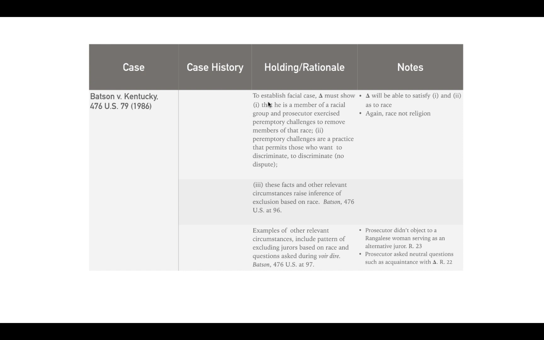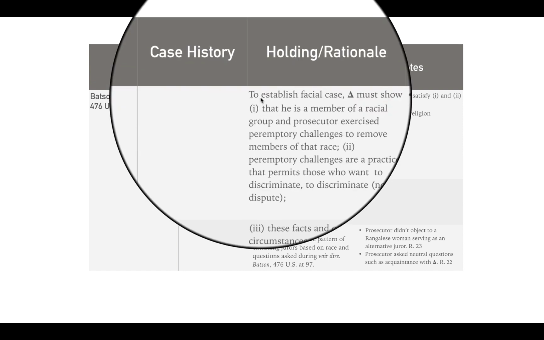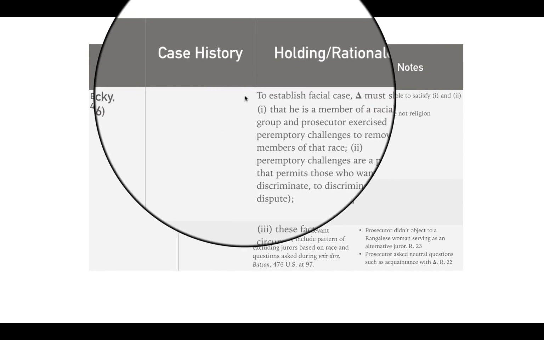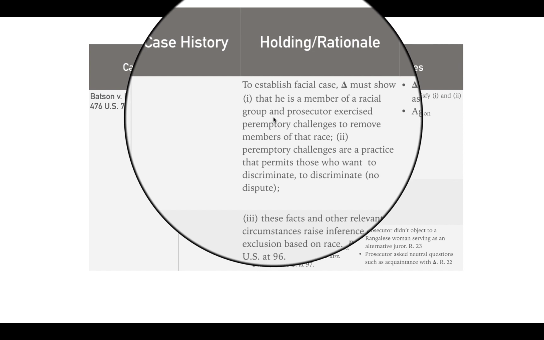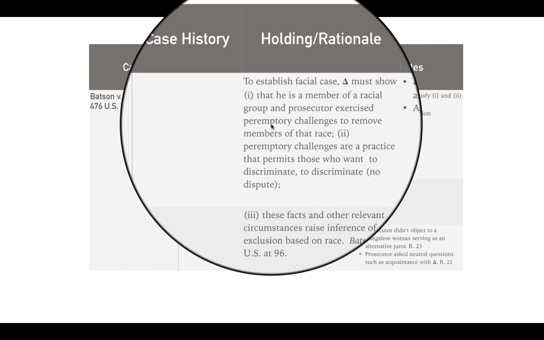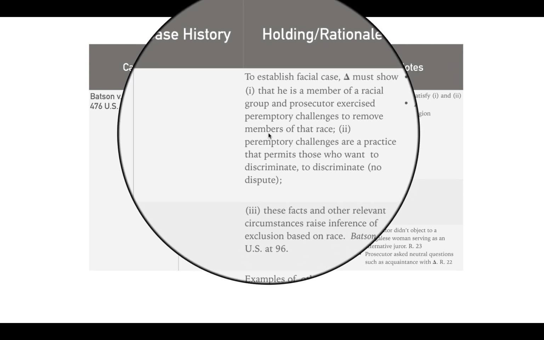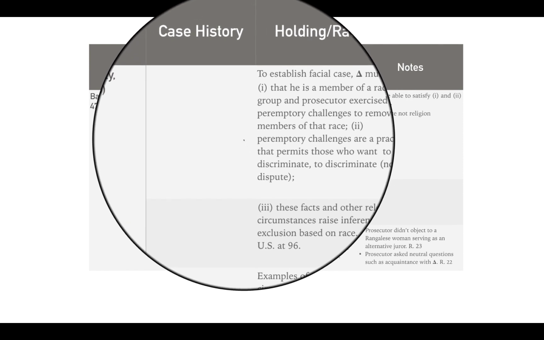So we're going to say that this student is continuing her research, and she sees that to establish a prima facie case of racial discrimination in seating a jury, the defendant has to prove that, first, he's a member of a racial group and that the prosecutor exercised peremptory challenges to remove members of that race. She sees that the court says that peremptory challenges are a practice that permits those who want to discriminate.